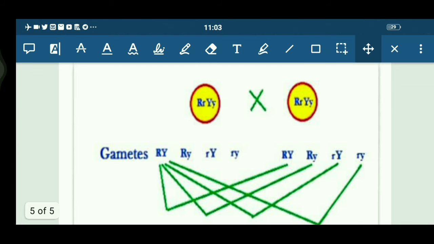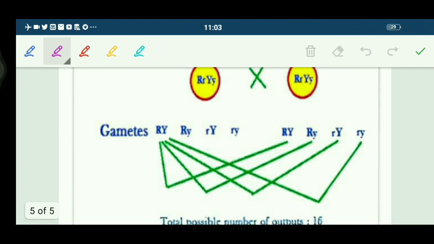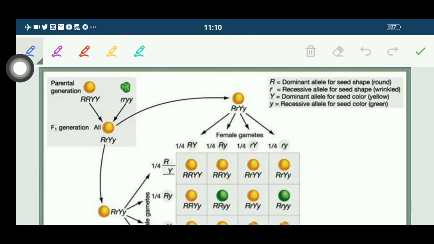So you all can see here the parental generation, that is capital R, capital R, capital Y, capital Y. They are shown with these dominant alleles, that is round yellow. So the shape is round and the color is yellow. In the second case, you can see the shape is wrinkled and the color is green. So they are with their recessive alleles.